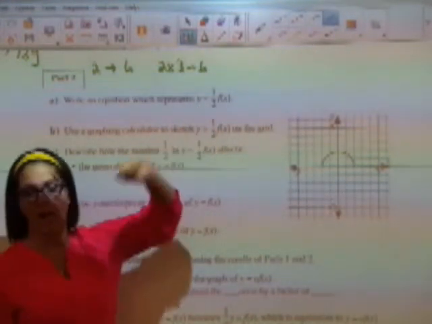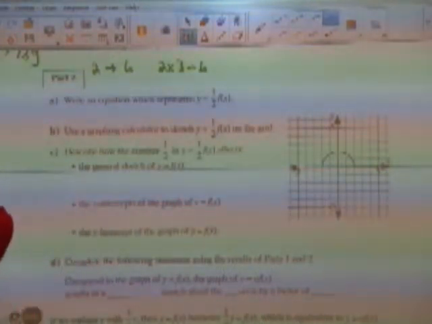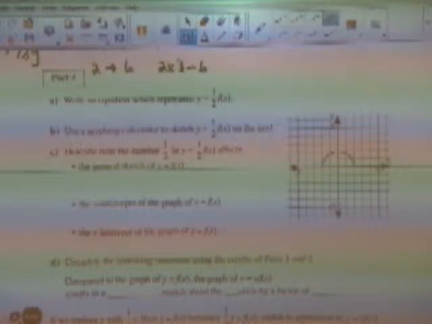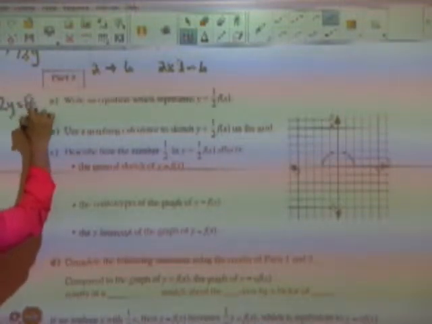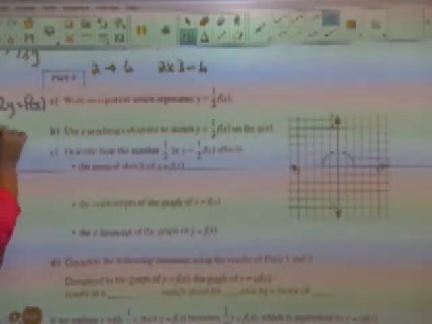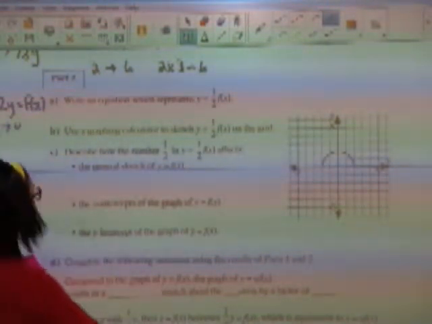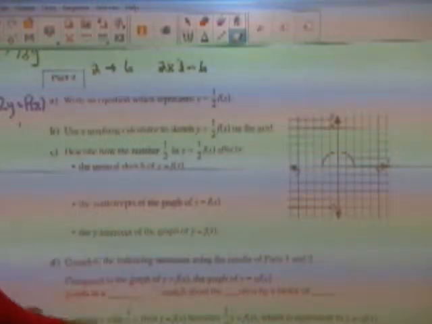So where was that 1/2 originally? On the other side. And if I move it to the other side, what would I get? 2y. So I get 2y equals f of x, which gives me a replacement of y to 2y.